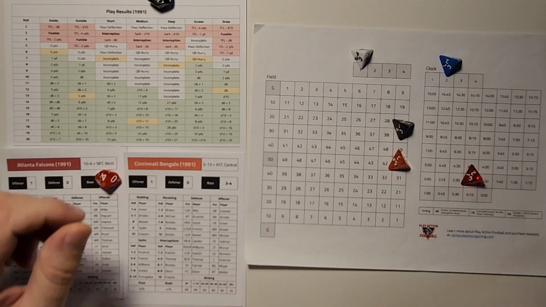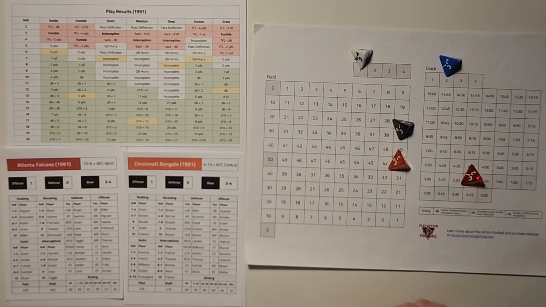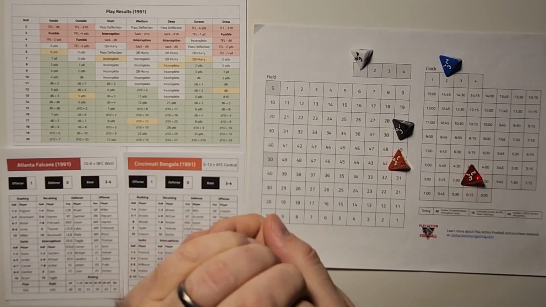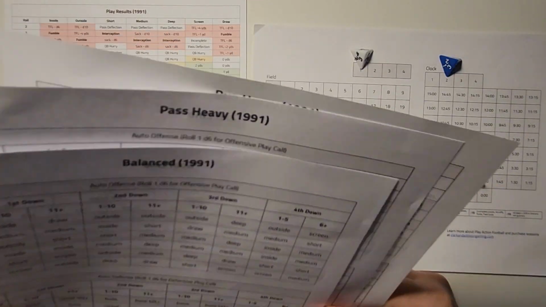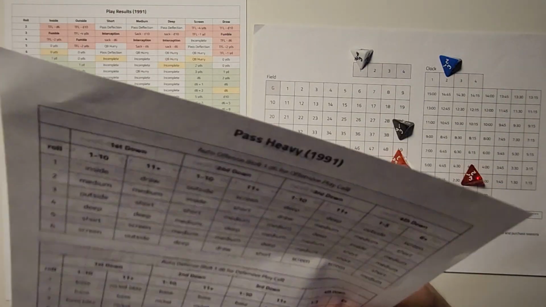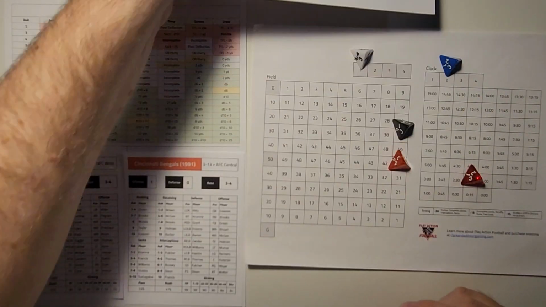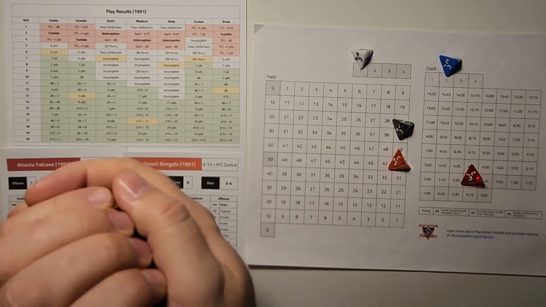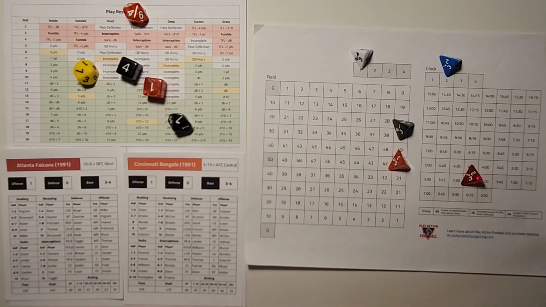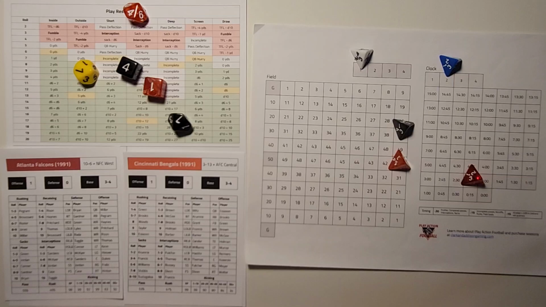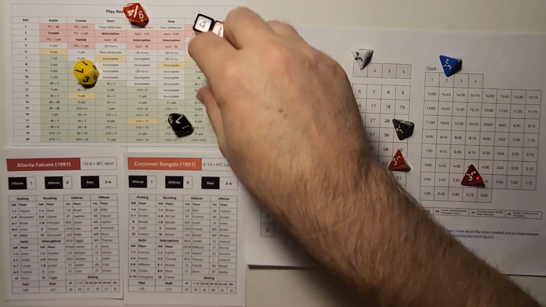They've got some time on the clock, 4 minutes and 15 seconds if they can get behind and move the ball. Let's go to the pass-heavy offense. Let's see if we can move that ball down the field. First down, this is a deep ball against the base defense. That's going to be a +1 overall.